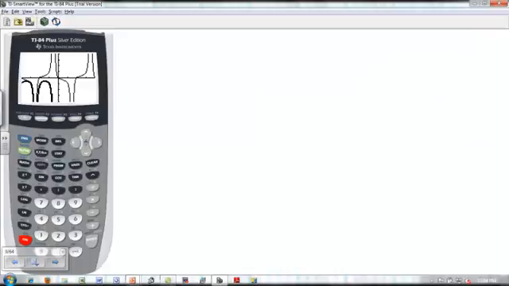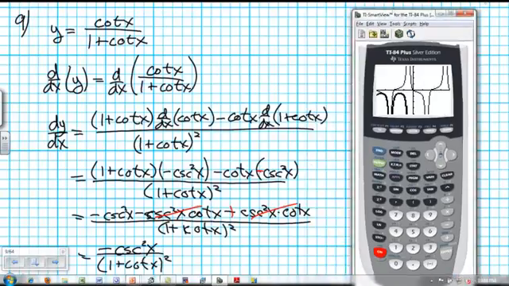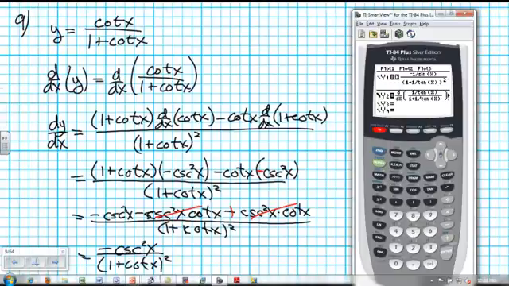Now, there's 2 possibilities. Again, possibilities are that I either put it in the graphing software wrong, or that I made an algebraic error or a calculus error.